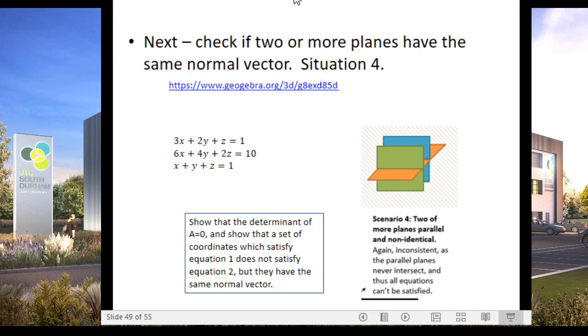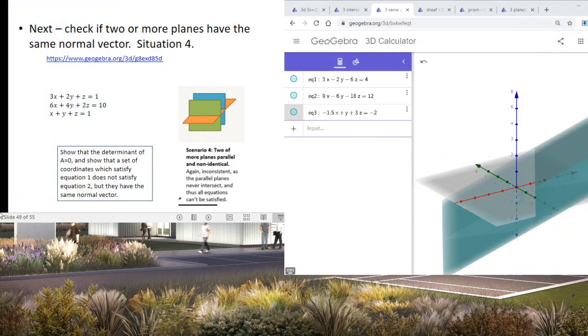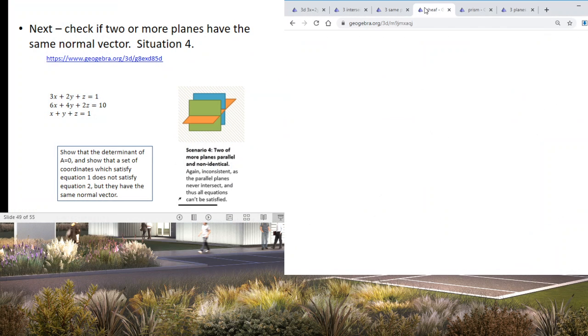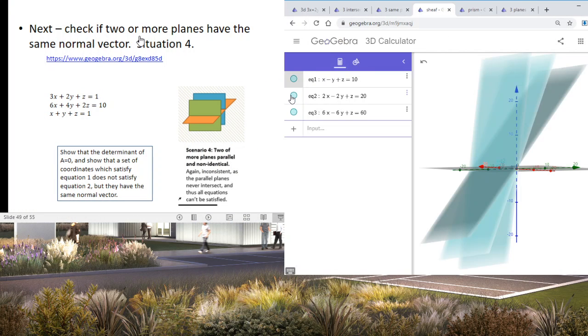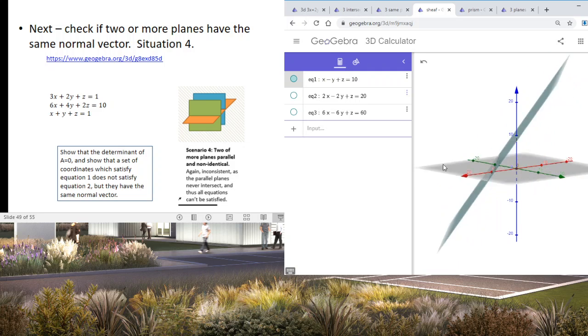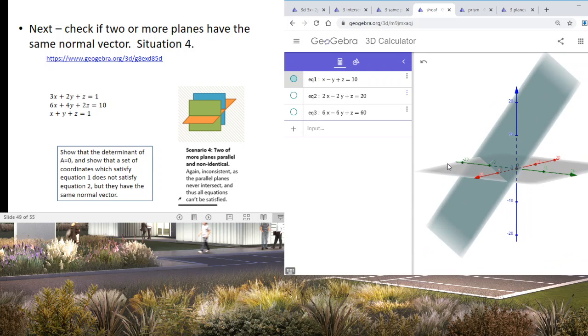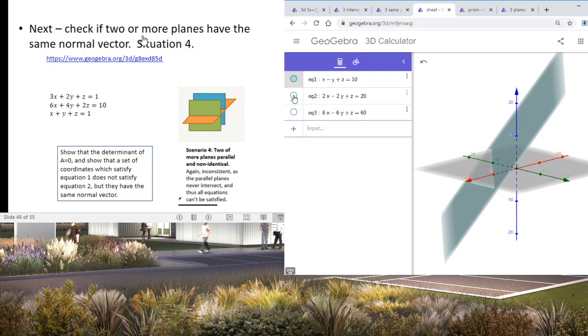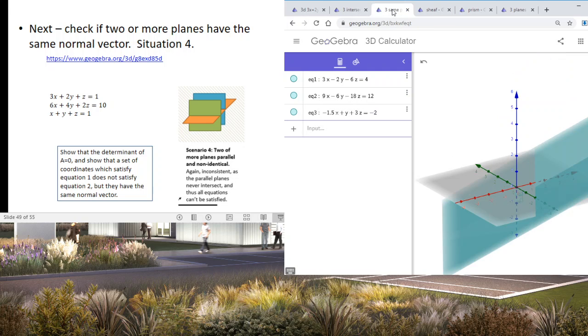Let's look at what that looks like in GeoGebra. So if I put equation 1 on the screen there, x minus y plus z equals 10 is shown there. Equation 2, that's the wrong GeoGebra setup.